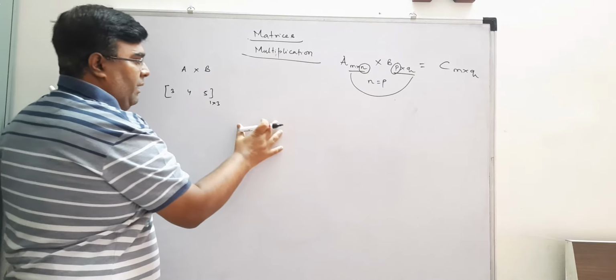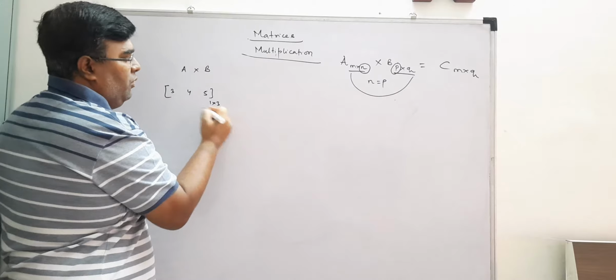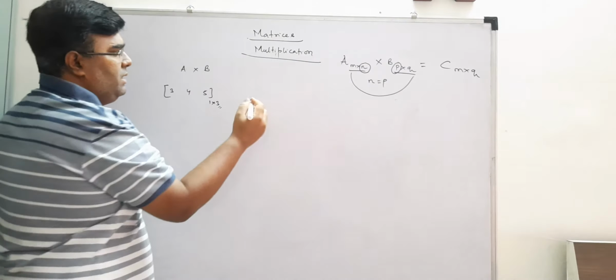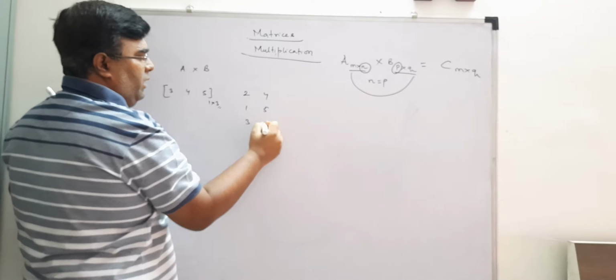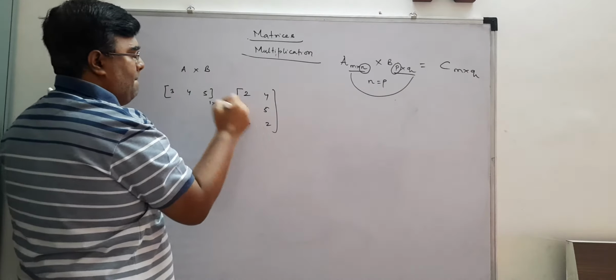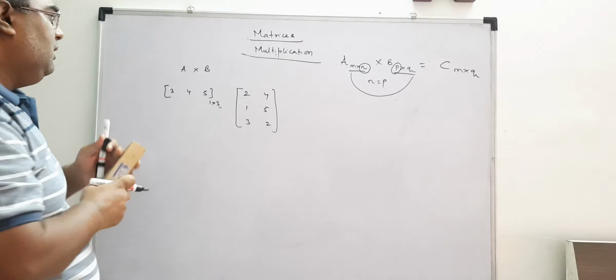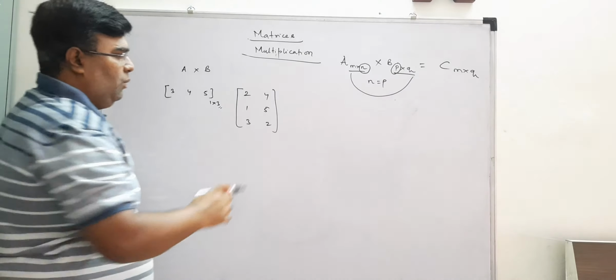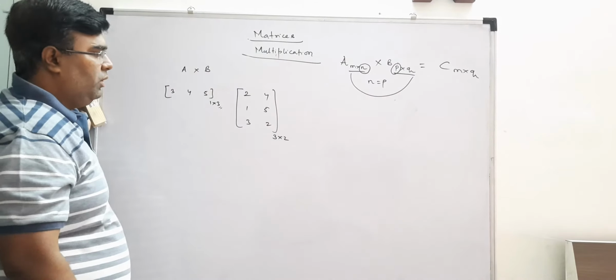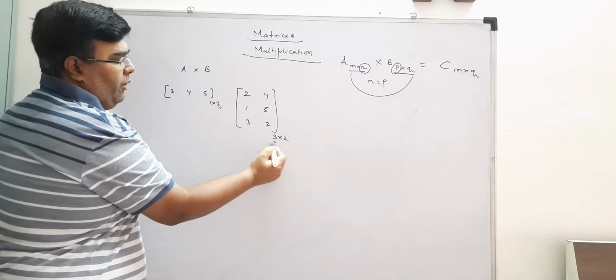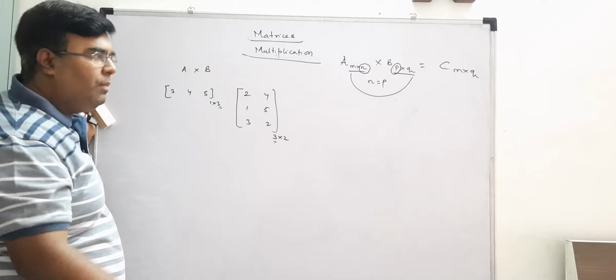Another matrix must have 3 rows. So let us say 2, 4, 1, 5, 3, 2. I have taken these two matrices. What is the order of this one? 3 by 2. Here the columns of the first and rows of the second are equal, so we can do the multiplication.